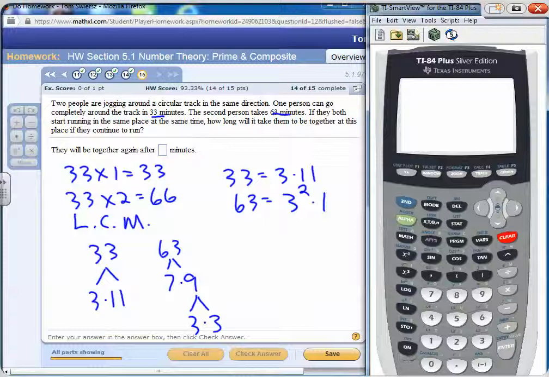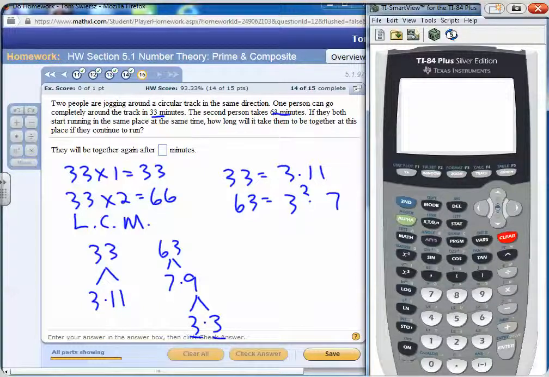I got to learn my multiplication table. Okay, 63 minutes is 7 times 9. 9 is 3 times 3. So again, the prime factorization of 63 is 3 squared times 7.